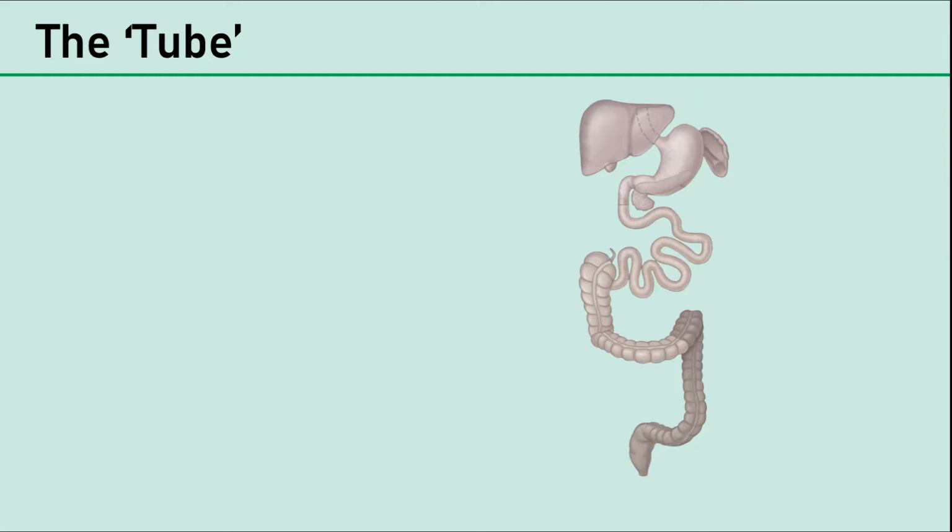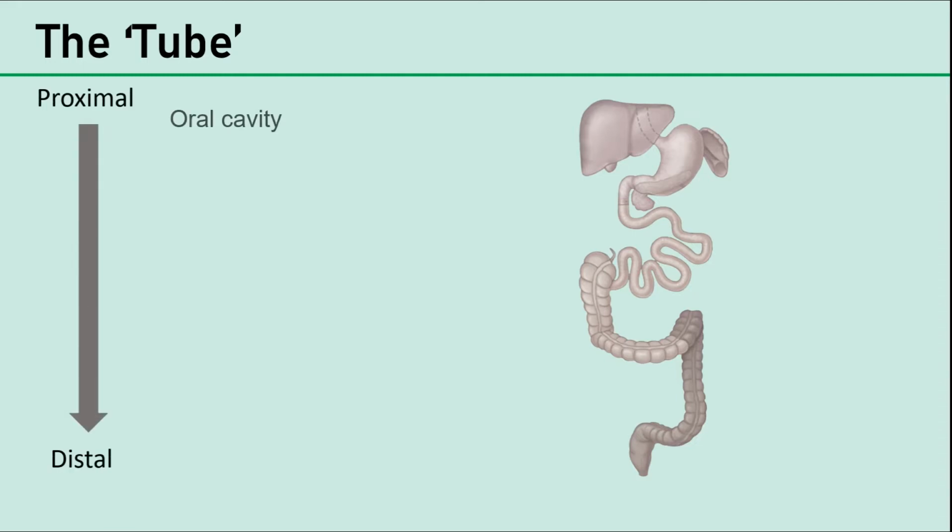But what you do need to be fluent in is the anatomical terminology which we are going to use. And what we do is we describe the tube from a proximal to distal end. So the proximal end of that gut tube would be the oral cavity. So imagine the oral cavity sitting up here.